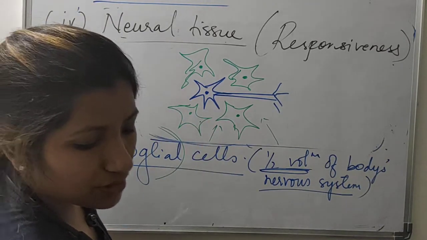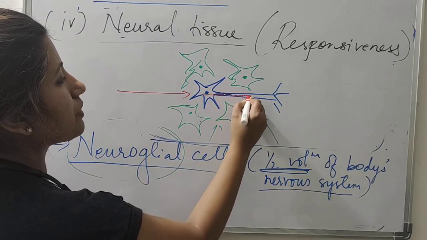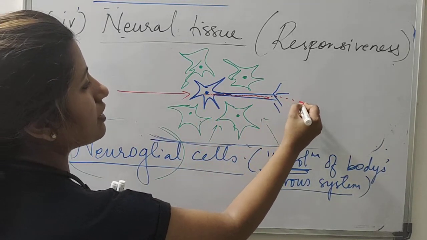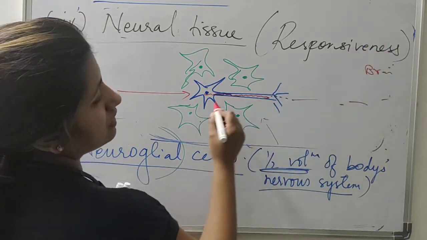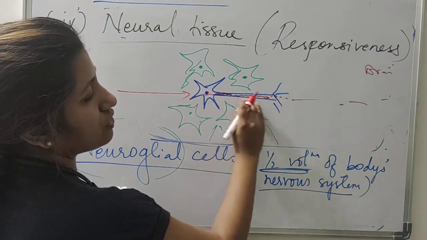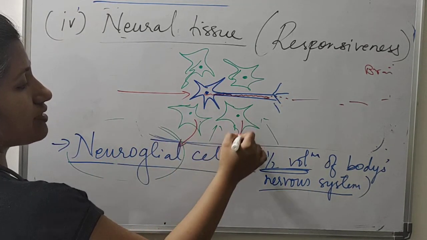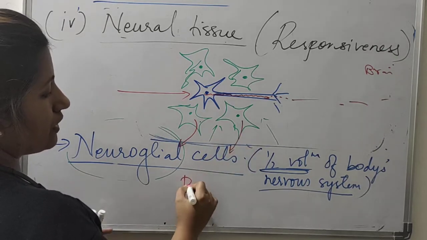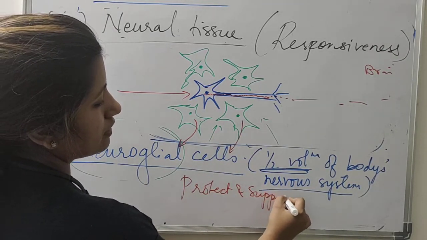When a neuron receives information from outside, it sends an electric impulse through it to the next neuron and to the next neuron and on to the brain. Okay, so that means it does the function of coordination. Whereas these neuroglial cells are for protection. They protect and support neurons.